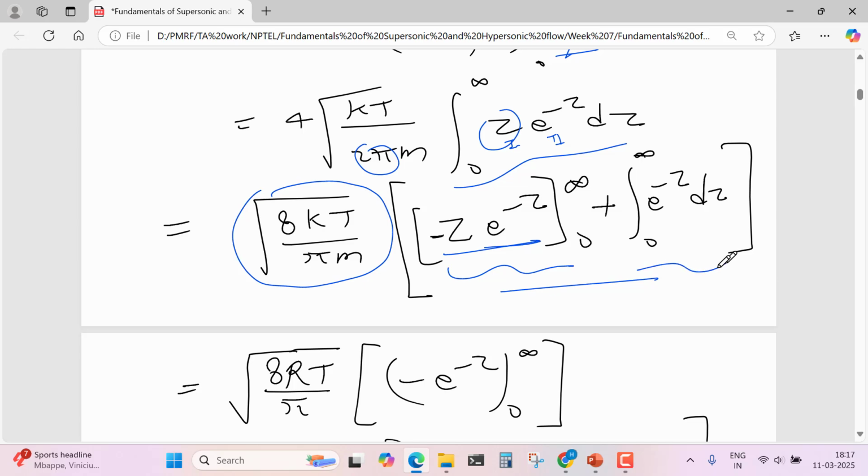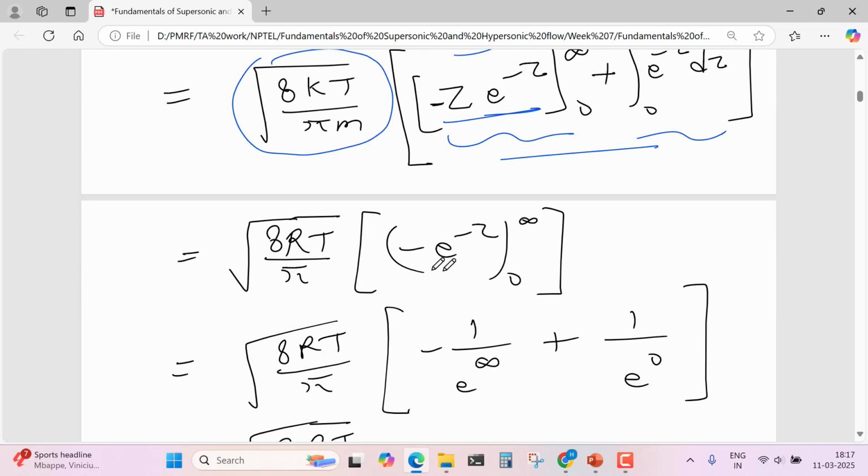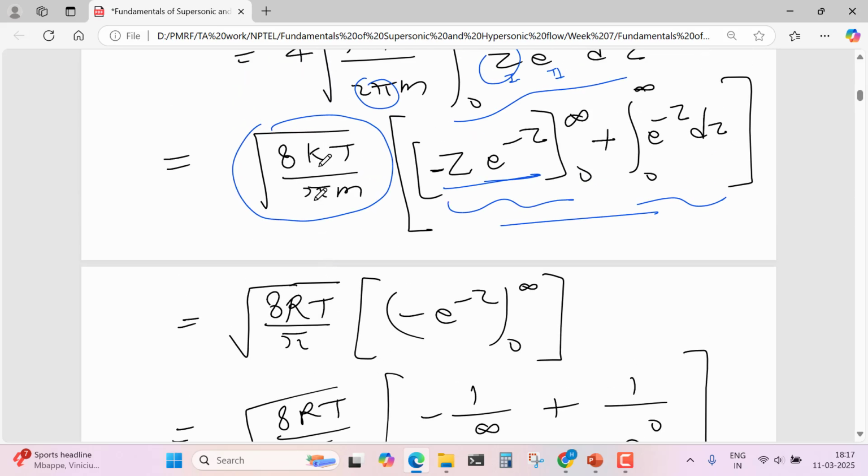The second term's integration will become minus e to the power minus z, and we have to put the limit 0 to infinity. One more thing I have done: the term we got outside is under root 8 kt upon pi m. We know that k by m equal to R, the specific gas constant, so I substituted it here.